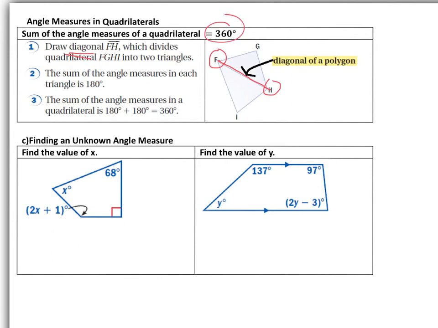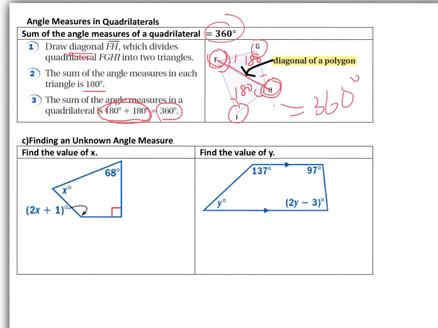And remember that the sum of the angle measures in each triangle is 180 degrees. Then 180 plus 180 will give you 360 degrees. So angle F plus angle G plus angle H plus angle I will give you a sum of 360 degrees.